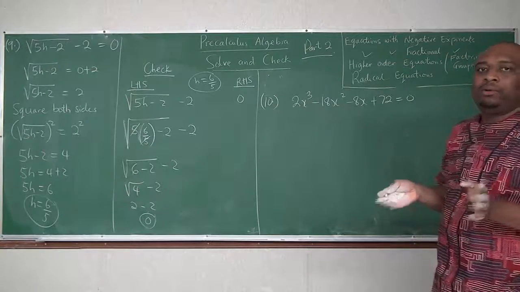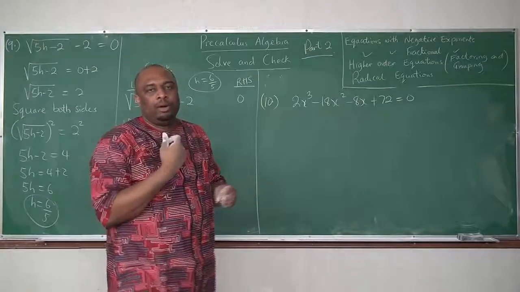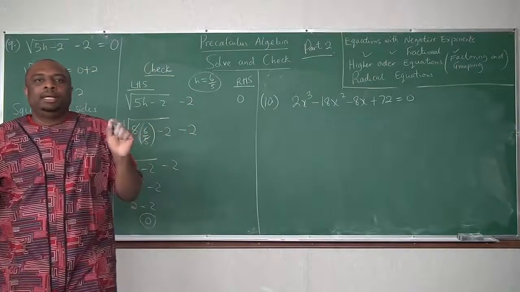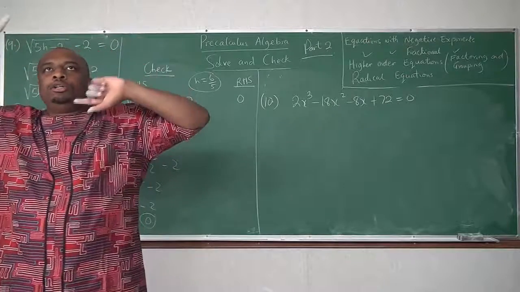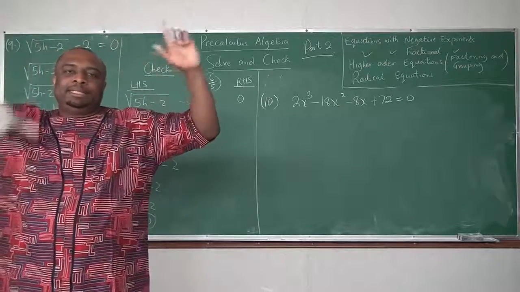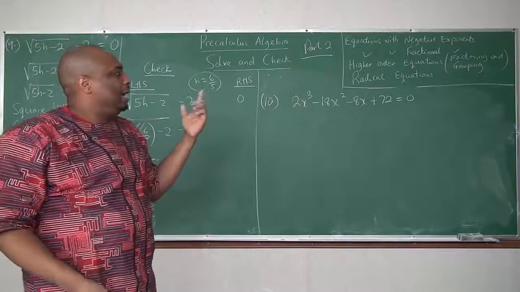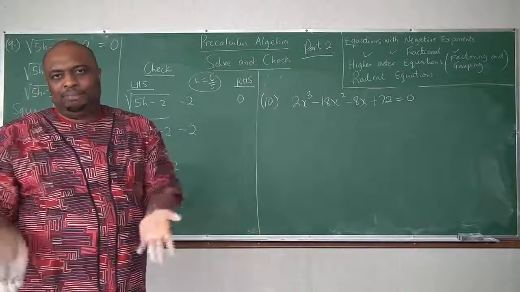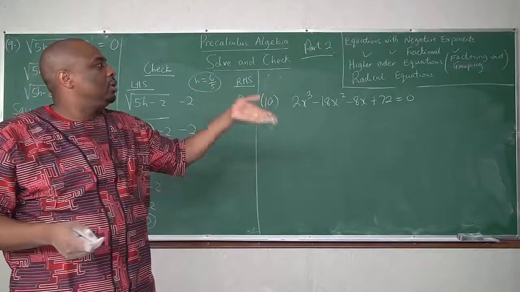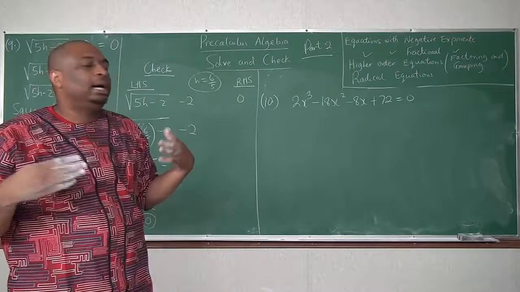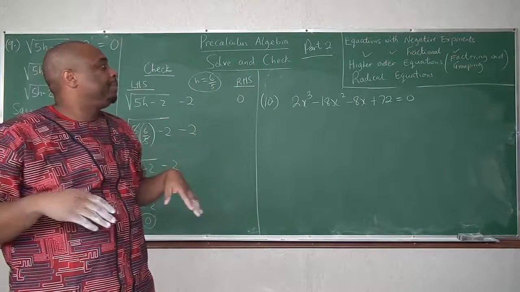You look at this now. The videos like part 1, we said that factoring is very important. All those videos in the playlist on factoring, very important. And in part 1 we said that the equations we shall do will just be the ones that can be solved by factoring and grouping.